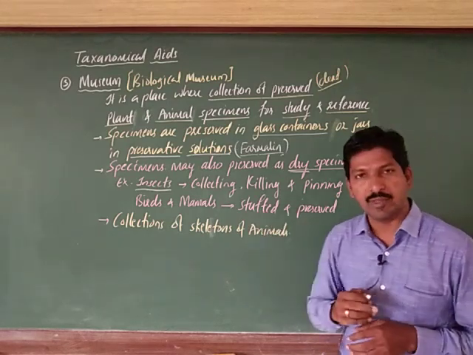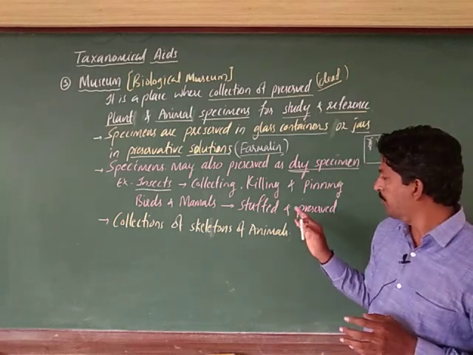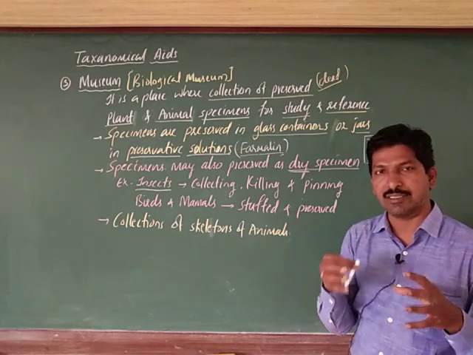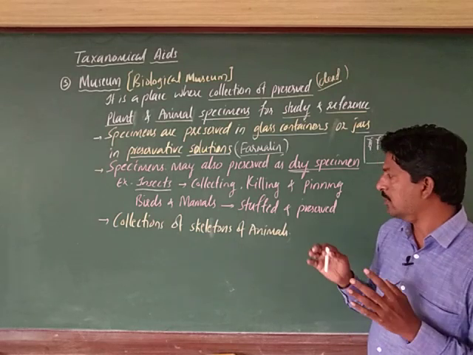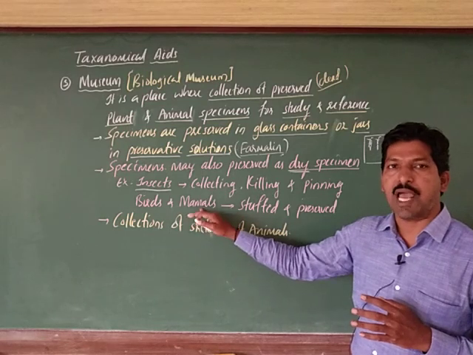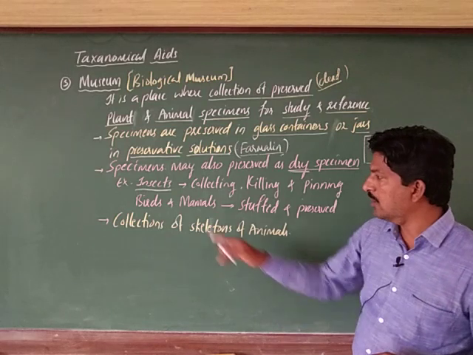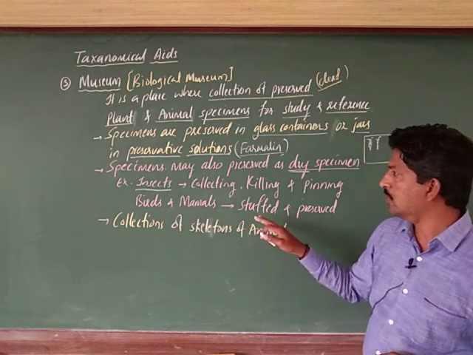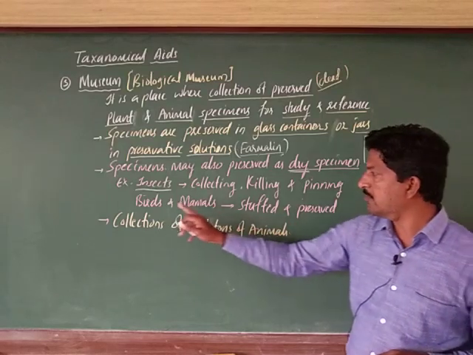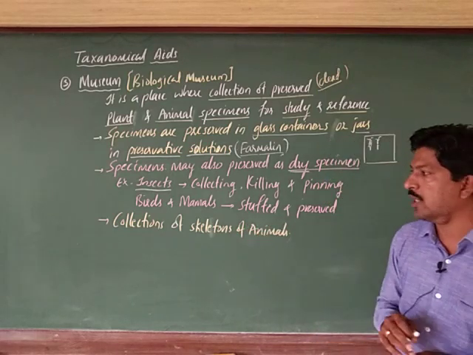That is removed and it will be preserved by putting cotton or any non-decaying things inside, and it is kept dry, even in case of mammals, either bat or rat, rabbit. Birds and mammals can also be preserved as dry specimens. Large animals are also stuffed and preserved.